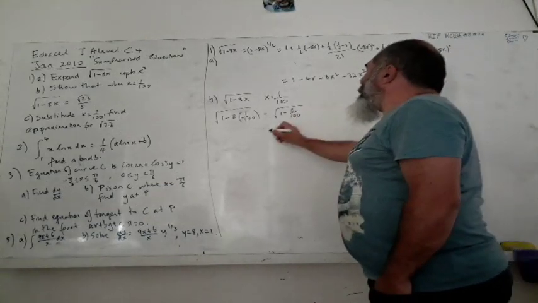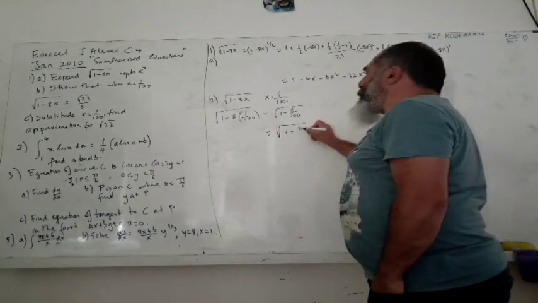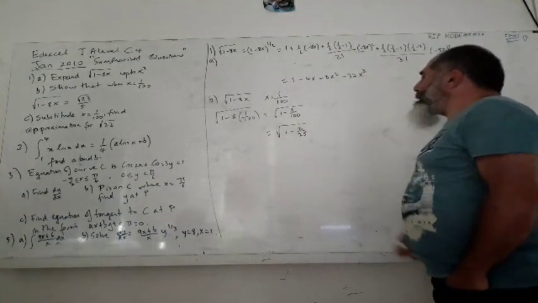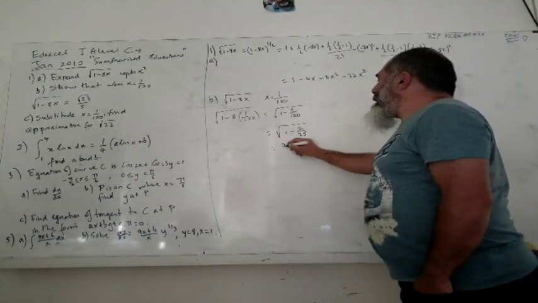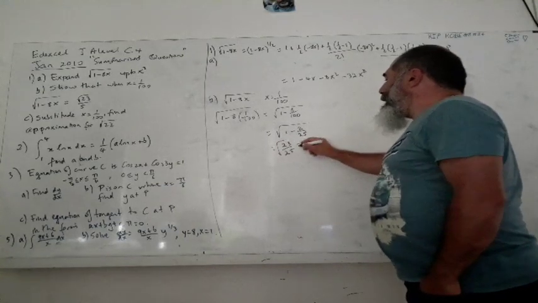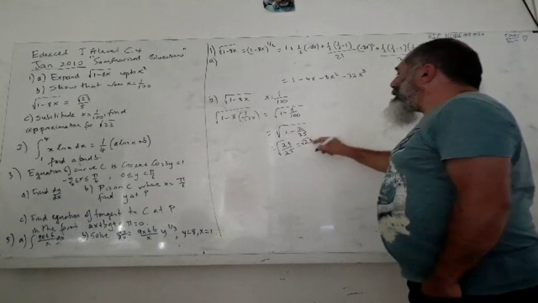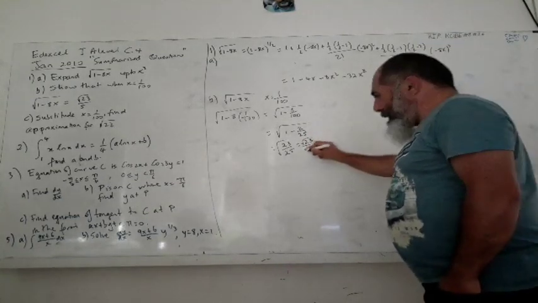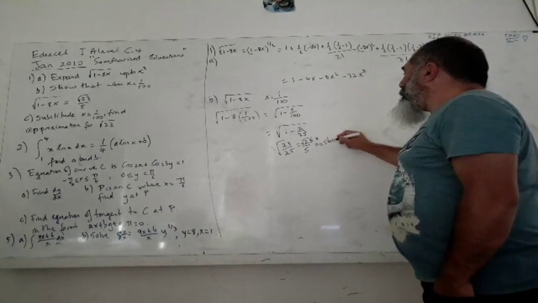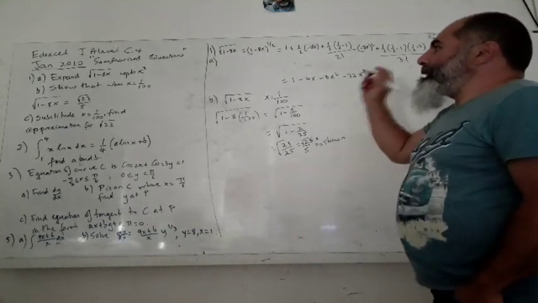So this is 1 minus 2 over 25. It is 23 over 25 under the square root. We cannot take the square root of 23, but root 25 is what? 5. Therefore, shown. This is the answer for question 1, part B.